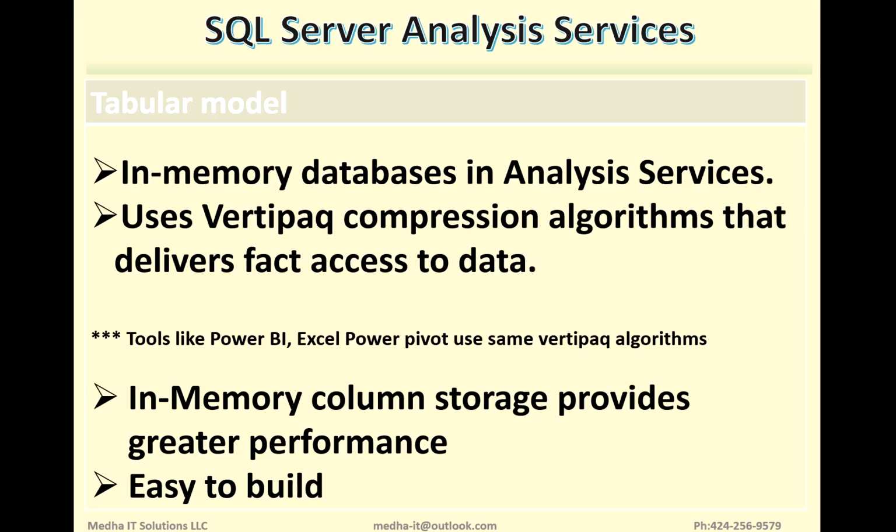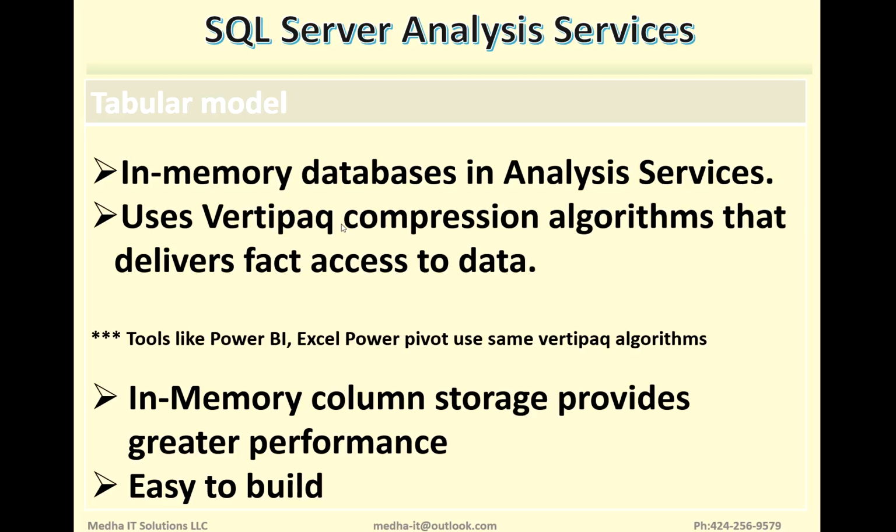Whereas in the tabular model, the complete model is in memory. So, it is an in-memory operation. That is why the performance will be faster compared to the multidimensional model. And the tabular model uses the VertiPaq compression algorithms. It is called the VertiPaq engine, which was introduced as part of the Power BI and Power Pivot efforts.